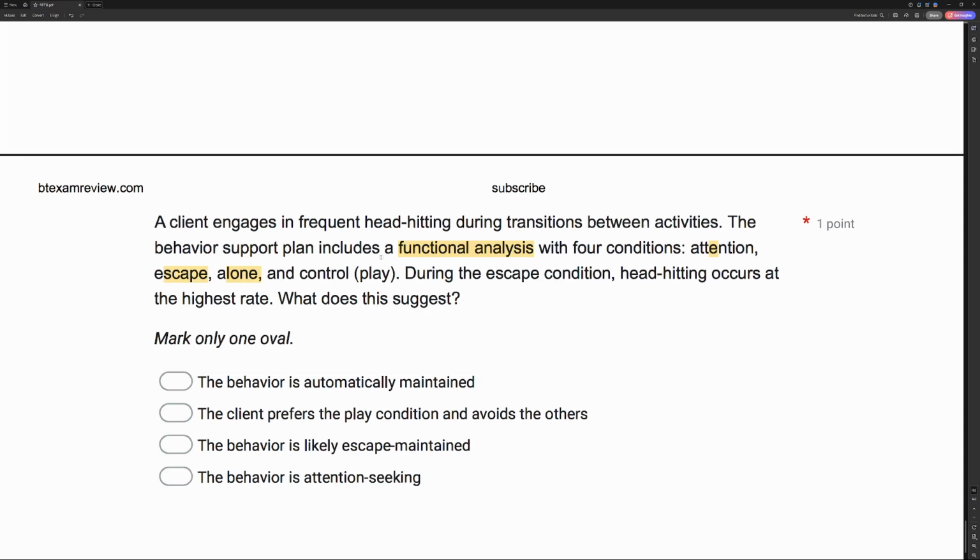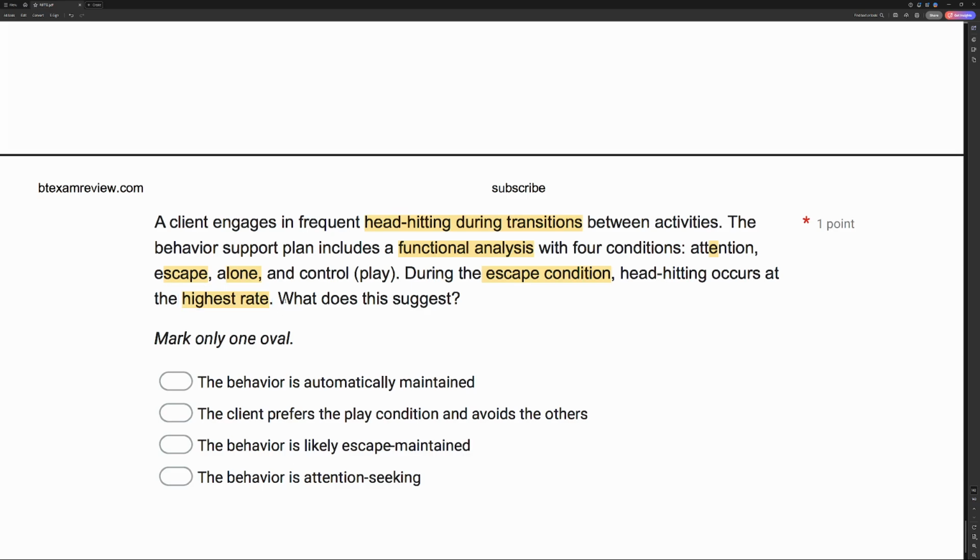So if the target behavior here is head hitting, and during escape, head hitting occurs at the highest rate, just using common sense, what do you think that would indicate? If we have all these different conditions, attention, escape, automatic, head hitting occurs at the highest rate during escape, when the behavior is getting what it wants, what do we think that suggests?